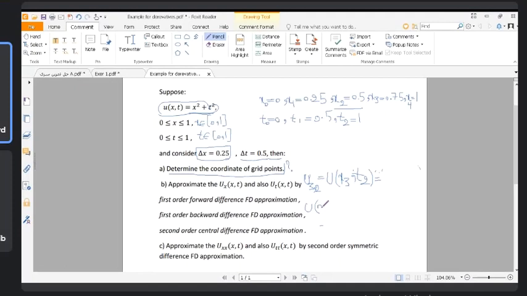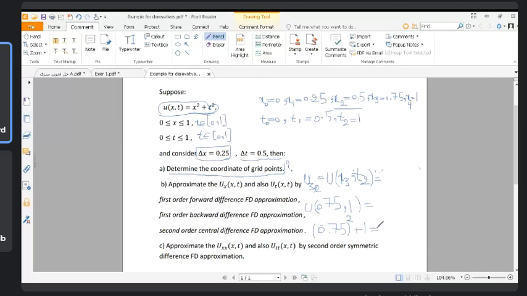So we have U is x squared plus t squared, and the value of U at this point is 0.75 squared plus 1.